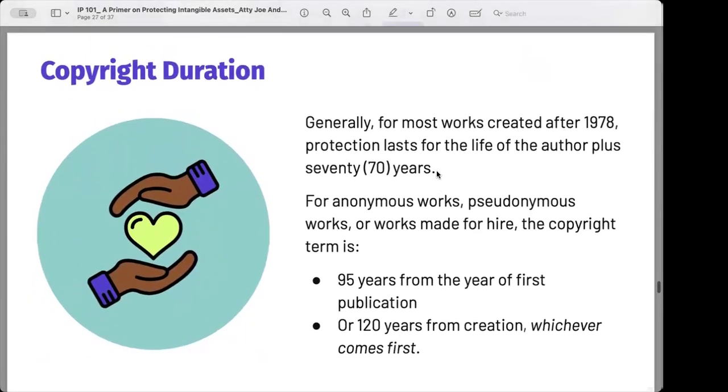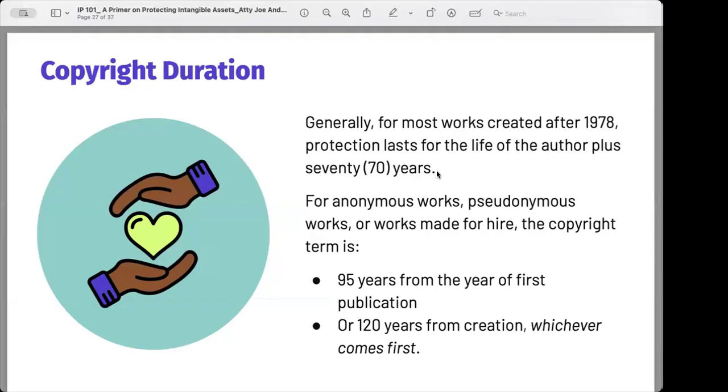Copyrights are great because they last a long time. Patents, maybe 20 years. Trademarks can be forever, of course. But if you can copyright something instead of patenting it, copyright it. It's cheaper, it's easier, and it lasts a lot longer. Life of the author plus 70 years, or essentially a lot of them wind up lasting 95 to 100 years. And it also depends.